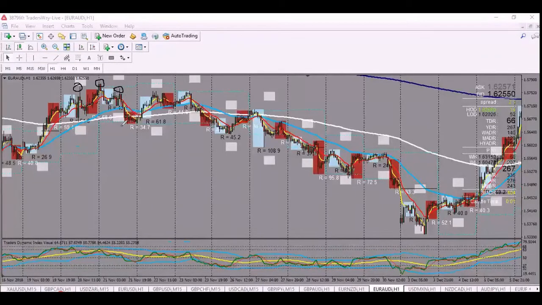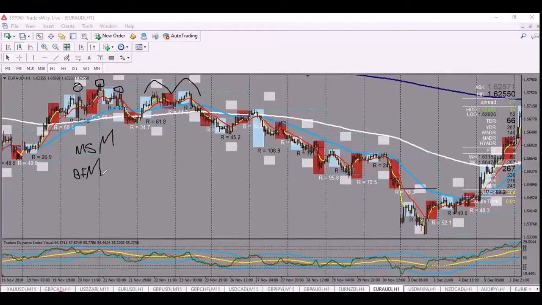We come back to retest right here, and then we form another M formation, causing this to be a multi-session M, or a BFM, big fat M formation. Yes, these actually do exist.